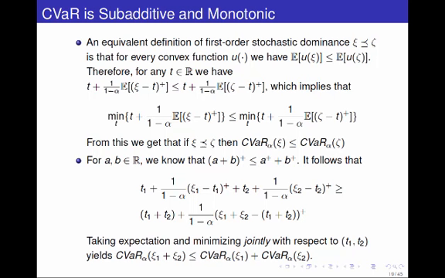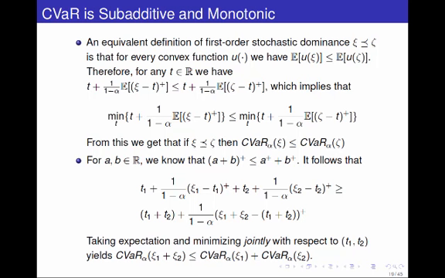This is, of course, a convex function of xi, because up to level t it's 0, and then it increases linearly. So this u of xi is a convex function of xi, and by the equivalent definition of first order stochastic dominance, expectation of u of xi must be less than or equal to expectation of u of zeta if xi is dominated by zeta, and I'm just adding the t's left and right.